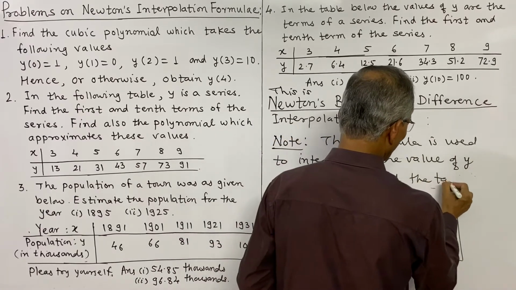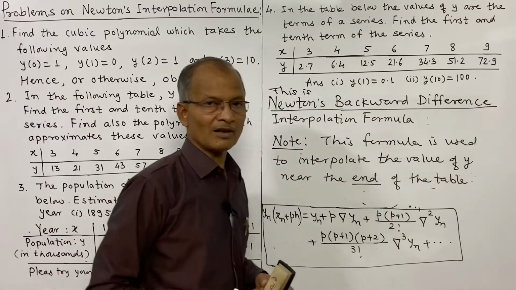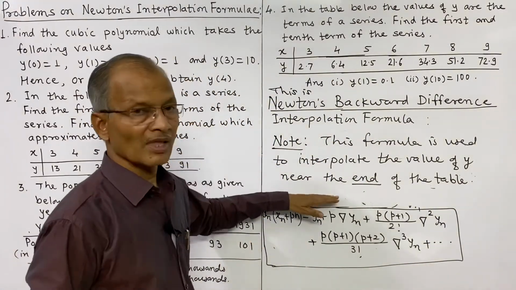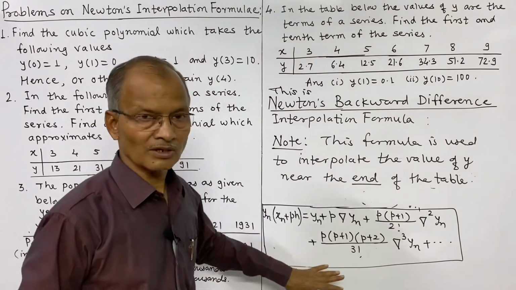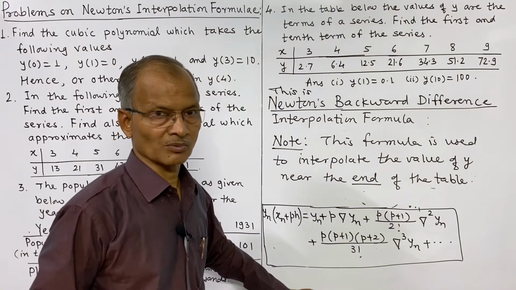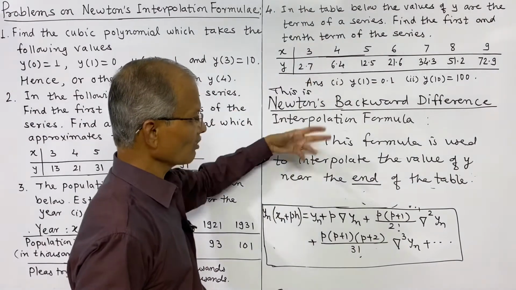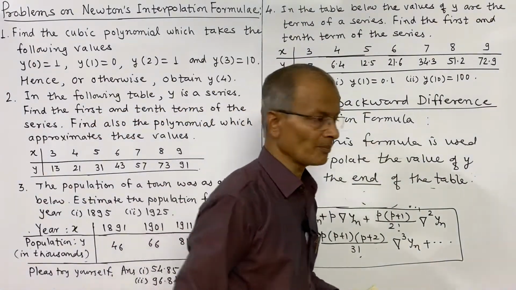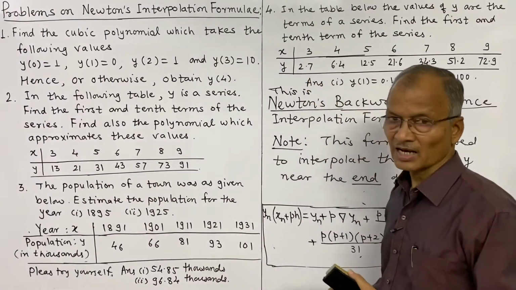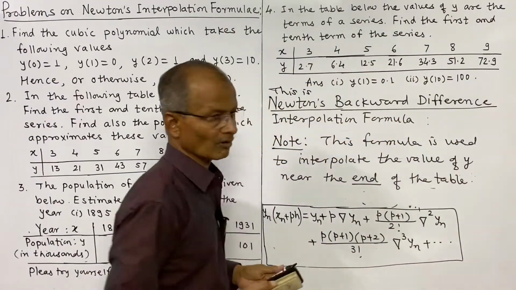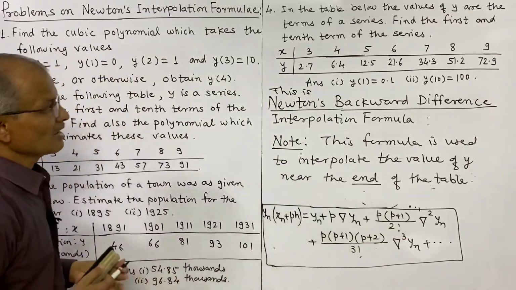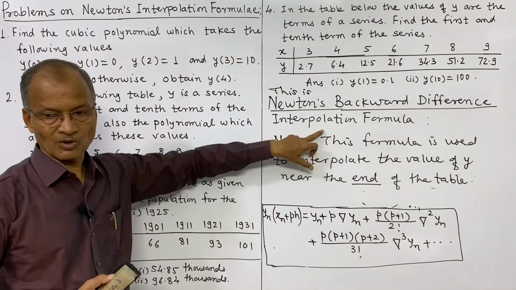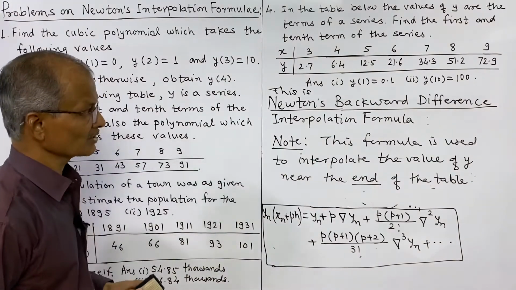The tabular values will be given. If the value to be estimated lies near the end of the table, we prefer the backward difference formula. And earlier we wrote the note for the forward difference formula: if the value is near the beginning of the table, then we use the forward difference interpolation formula. Thus we have obtained both Newton's forward difference interpolation formula and Newton's backward difference interpolation formula.